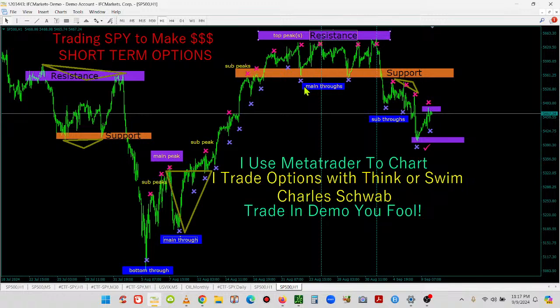Same type of thing, and the market decides I'm not going up any higher. Right here, it's like I don't want to go down, I want to go up, but I can't go up. So it goes back down. I cannot go up any higher. Do you see what's happening?